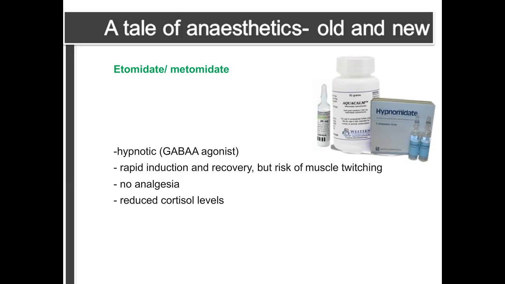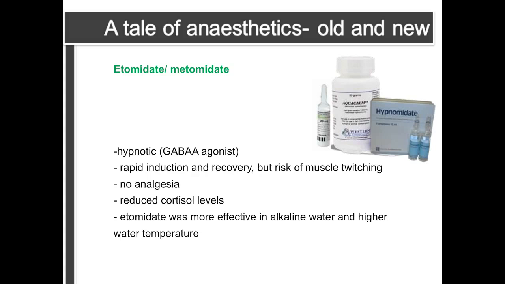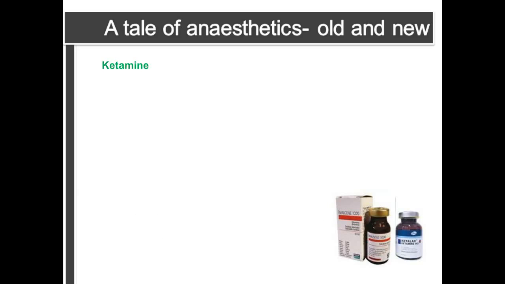This may be an advantage because cortisol is related with stress. However, it has been discovered that these agents interfere with the biochemical pathways that synthesize cortisol. So it's really messing with the metabolism, and that can be a disadvantage. Etomidate is more effective in alkaline water and at high temperatures.